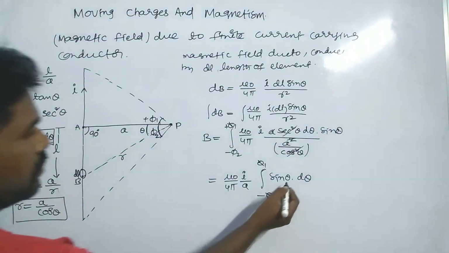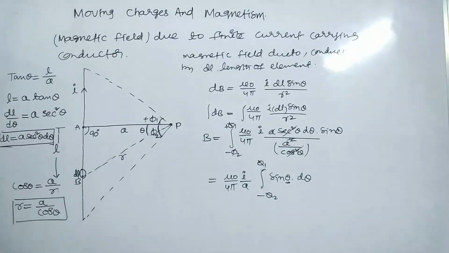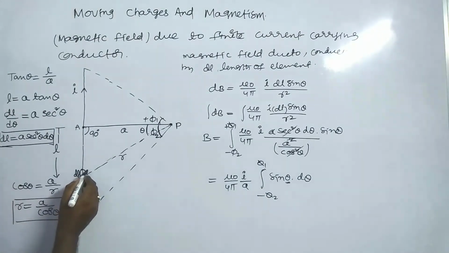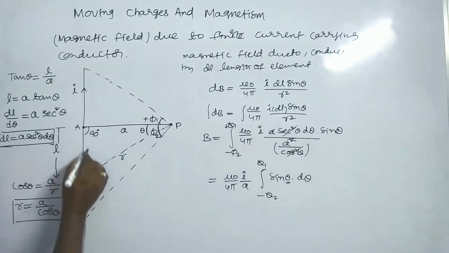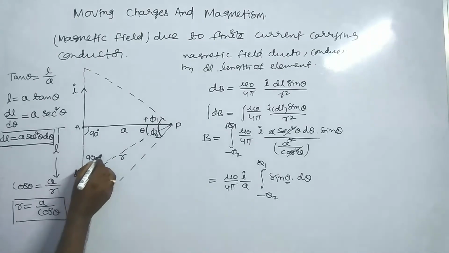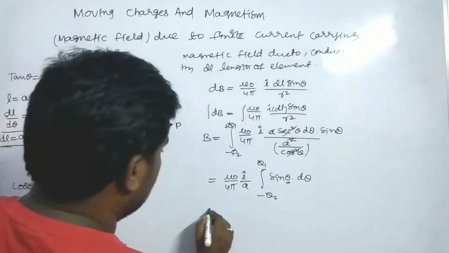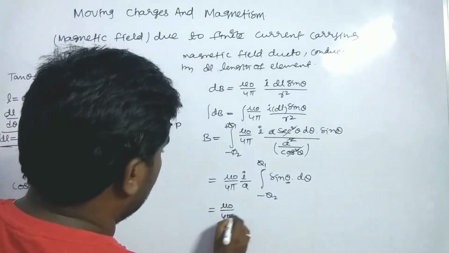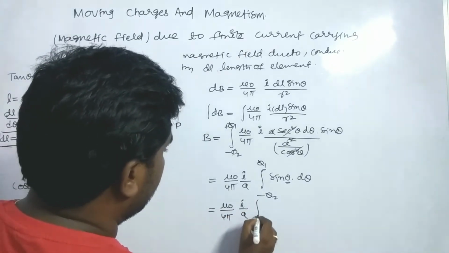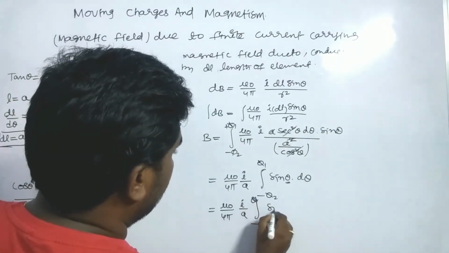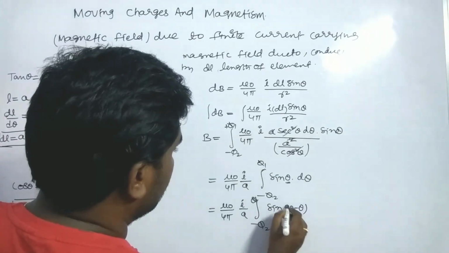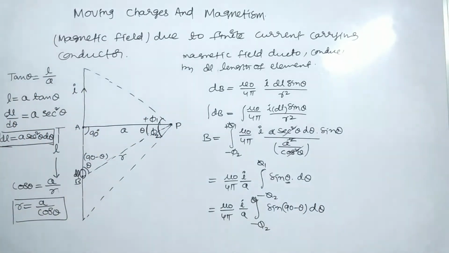So here the theta value, how much is theta equal to? From this point, where theta is 90 degrees, at this theta value you can find it is 90 minus theta. So here it is mu naught by 4 pi I by a integral of minus phi 2 to phi 1, where it is sine 90 minus theta into d theta, right?